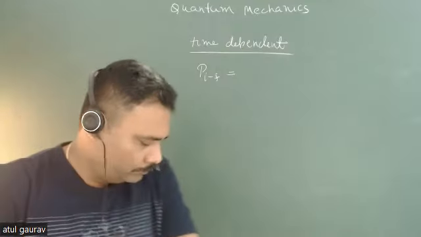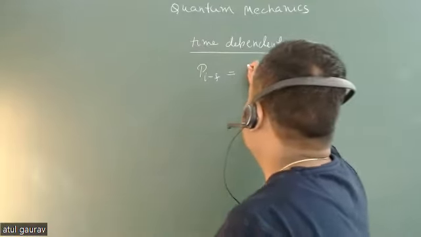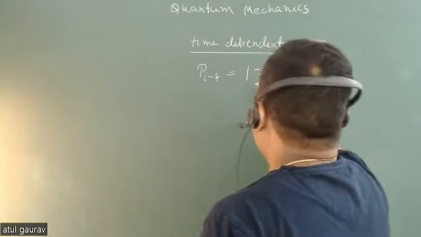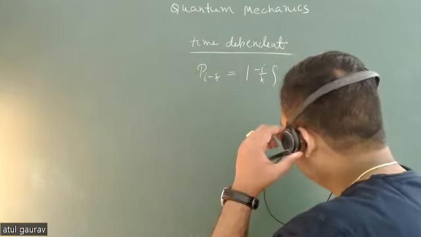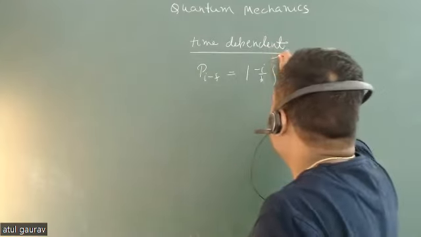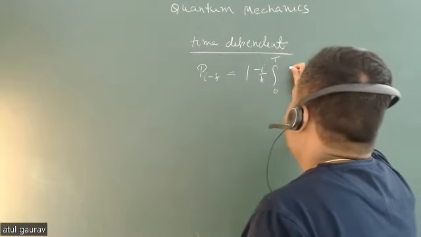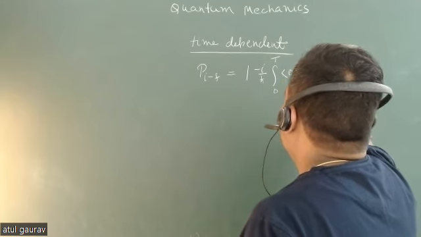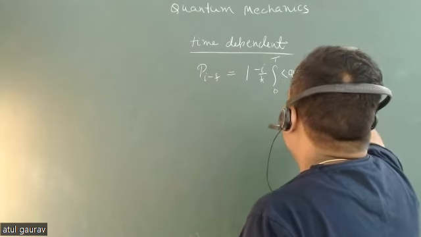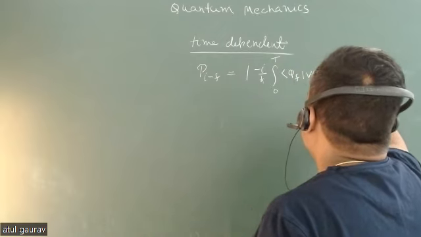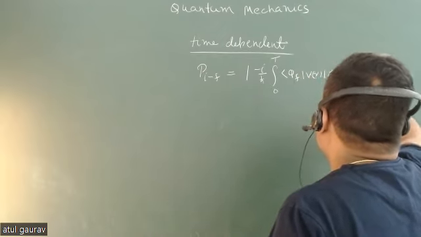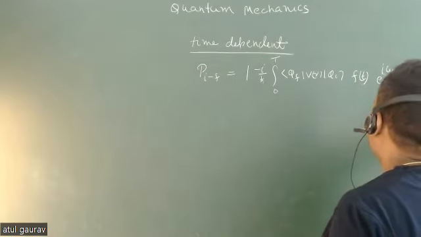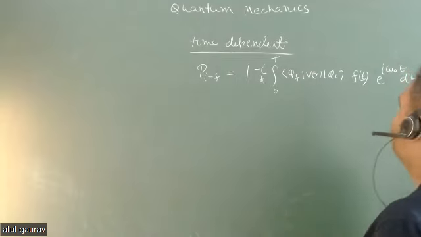Minus i upon h cut, integral 0 to T, phi f, V of r, phi i, and you have f of t, e to the power i omega naught t dt, mod square.